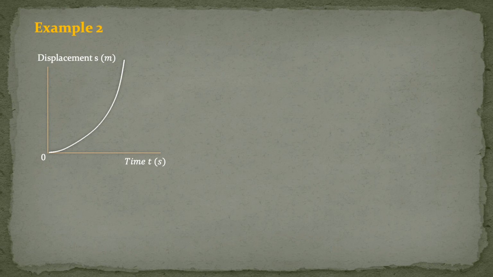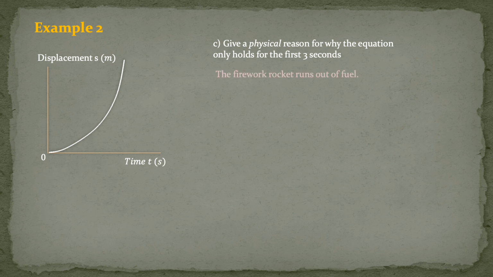Still considering the motion of the firework rocket, part C, give a physical reason for why the equation only holds for the first 3 seconds. The answer is the firework rocket would have run out of fuel after those first 3 seconds.